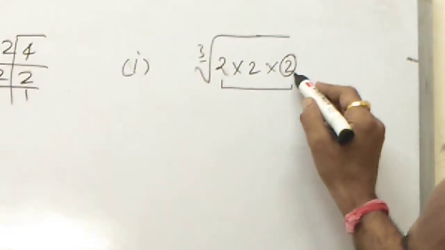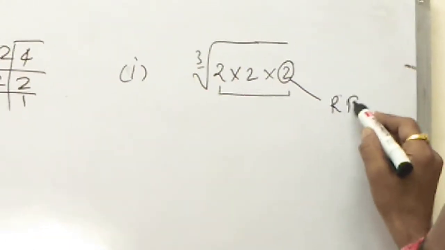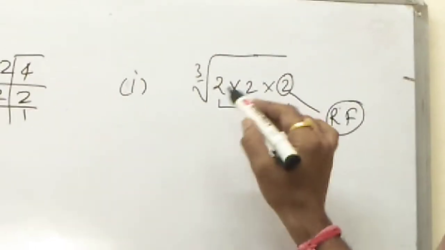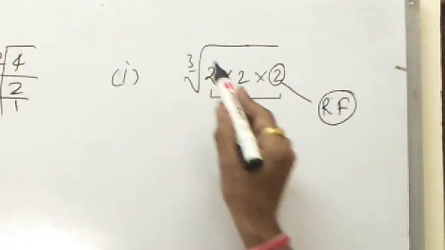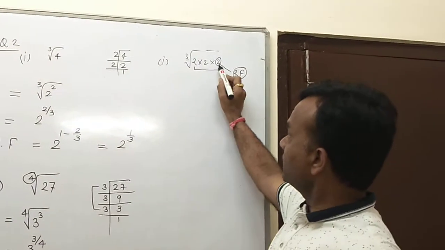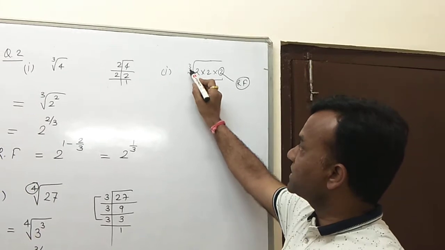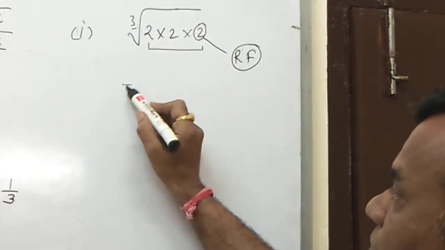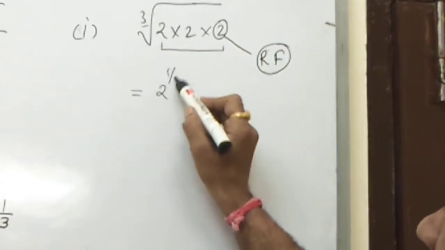So this is the rationalizing factor, because only one number is required for solving this root sign. So one 2 is required, but its power is 3. So the requirement is 2 to the power 1 by 3.